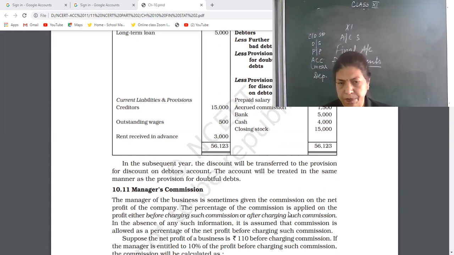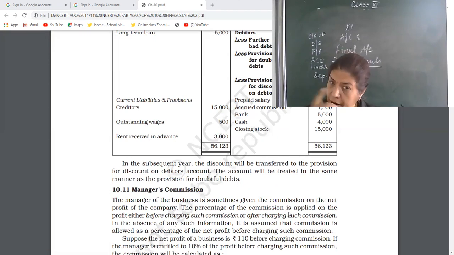Now, next adjustment: manager's commission. Nowadays this is the best way of giving incentive, to encourage and motivate managers to do better, by giving some part of profit as commission to them, before charging or after charging. If it is before charging commission, then the formula is rate upon 100.